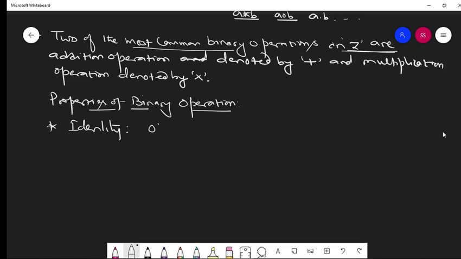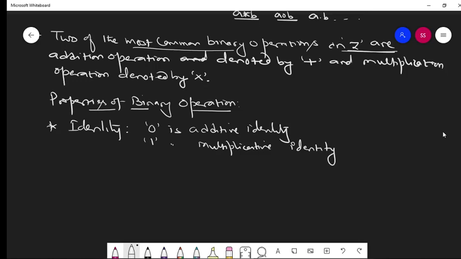As we know, 0 is the additive identity and 1 is the multiplicative identity.